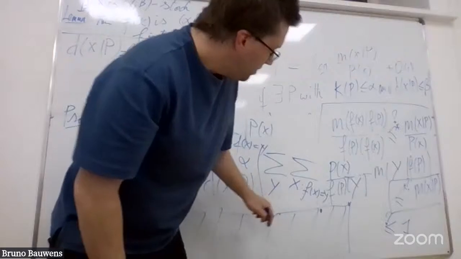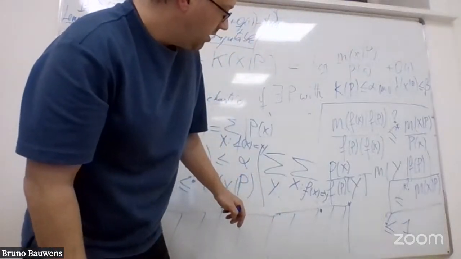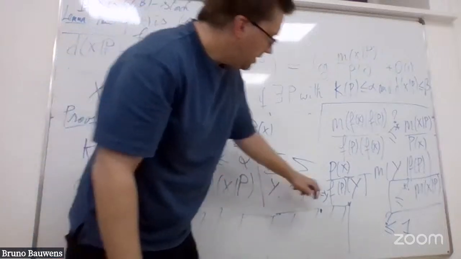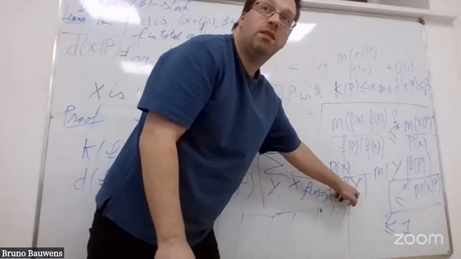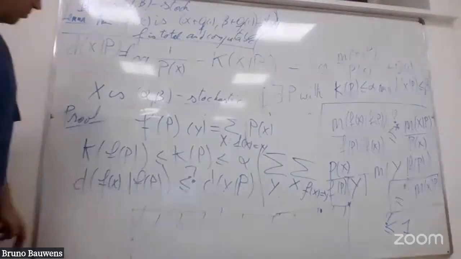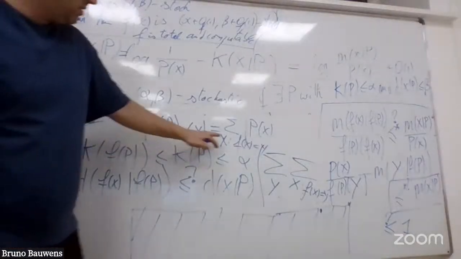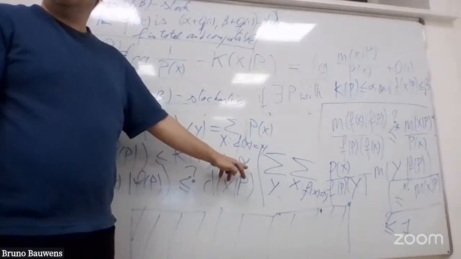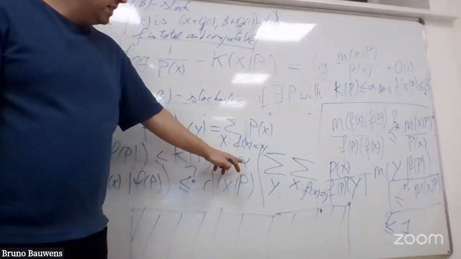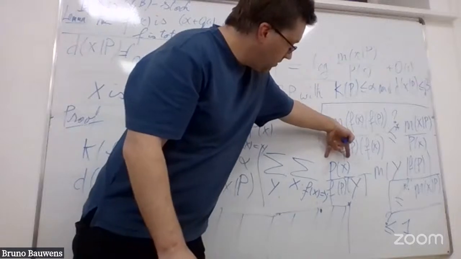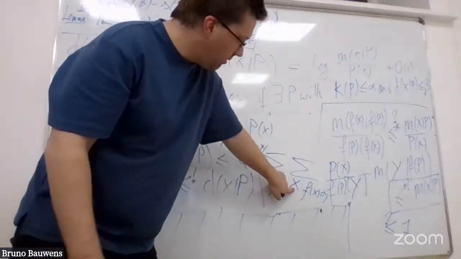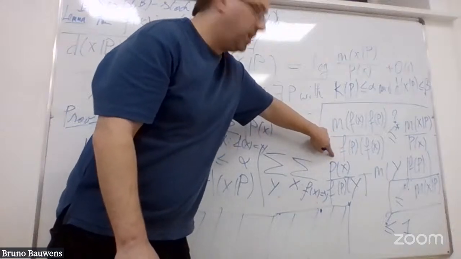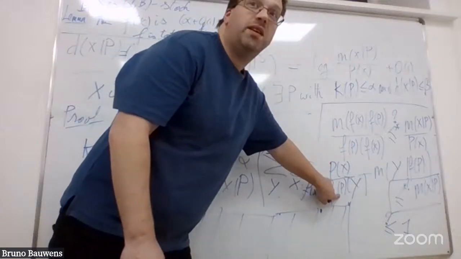Okay, so what is f of p of y? Remember, f of p of y is just the sum over all p of x for x's that go to y. So we sum over all x's that go to y, and when we look at the numerator, we have precisely the denominator.